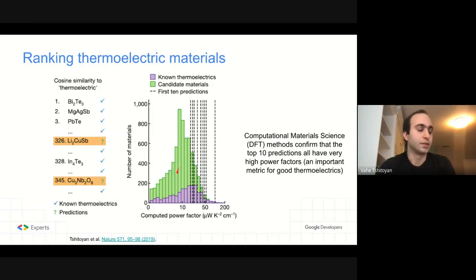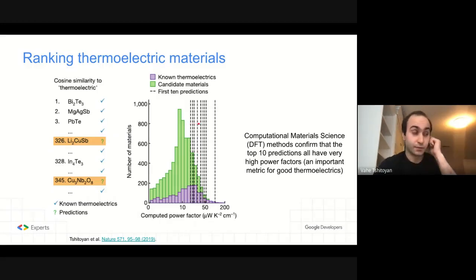In this plot, on the x-axis, we have the computed power factors, and the green ones are materials that are not known to be thermoelectrics, and the purple ones are the ones that are known to be thermoelectrics. They have, on average, higher power factors as expected, because higher is better. And you see that the top 10 predictions by this unsupervised NLP model have power factors that are higher than the average of all known thermoelectrics, and some of them are even at a super high 99th percentile.